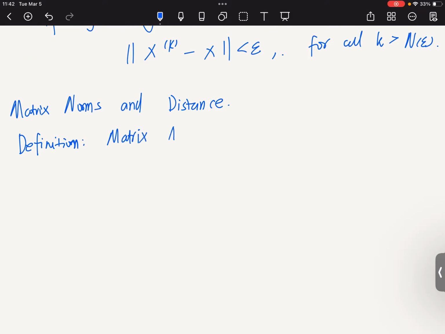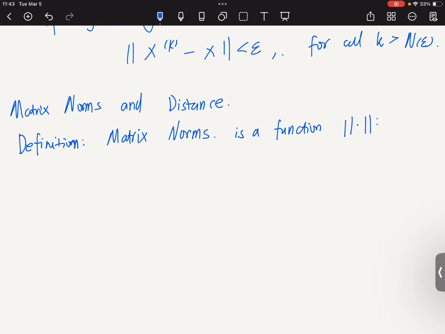The matrix norm has several properties to satisfy. The matrix norm is a function. I'm going to also use a double bar to denote the function.